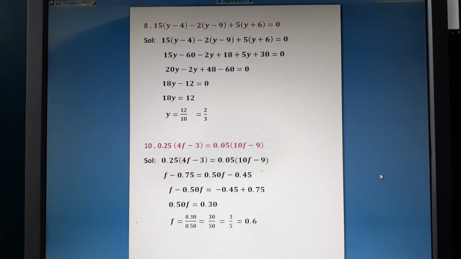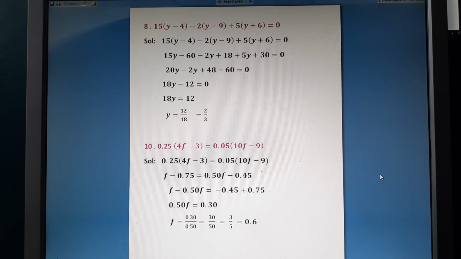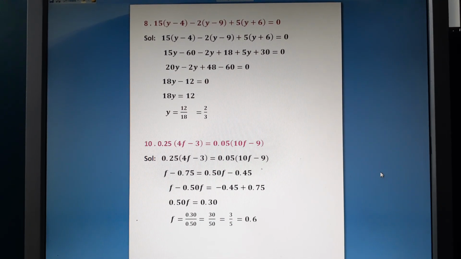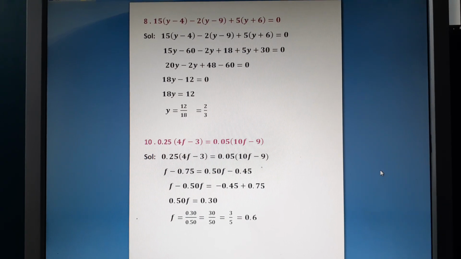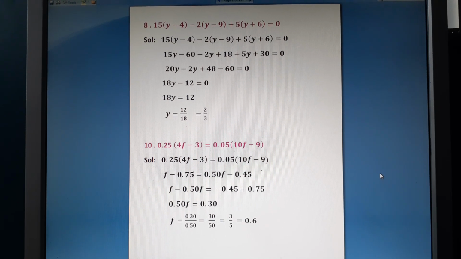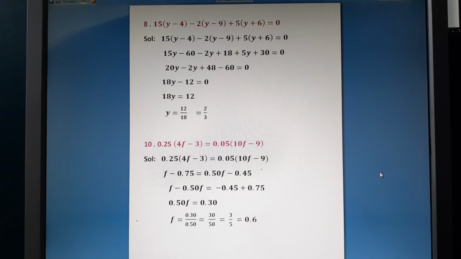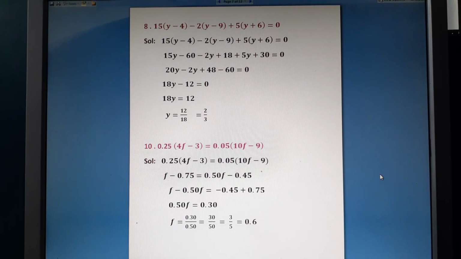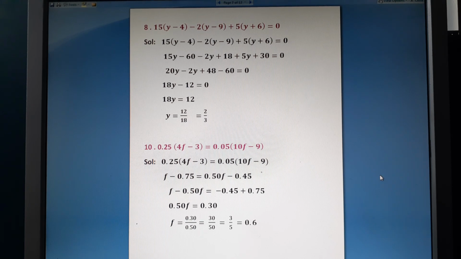Take the right hand side 0.50f to the left hand side. It changes into f − 0.50f = −0.45 + 0.75. The left hand side minus 0.75 comes to the right hand side, it changes into plus 0.75. Minus 0.45 is already on the right hand side.